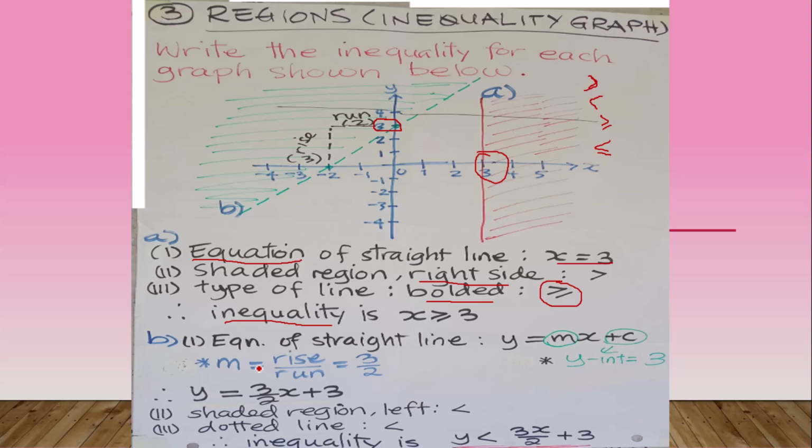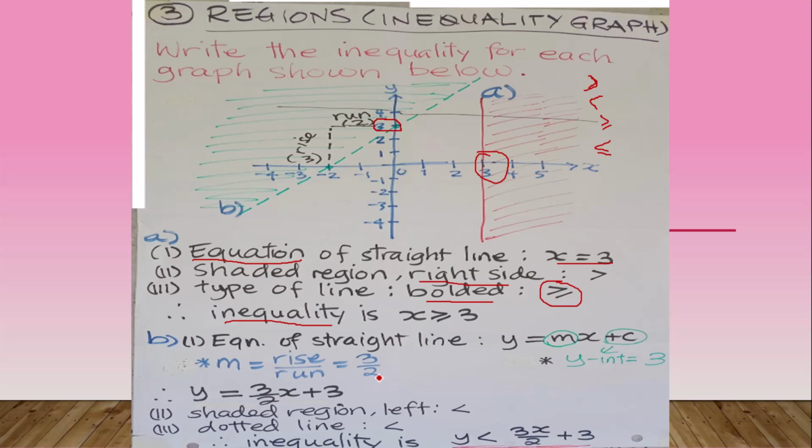To get the gradient, we go rise over run. So we start from the bottom point here. We rise up, positive movement. We are going 1, 2, 3 steps up. So that's positive 3. And running to the second point, we are going 1 step, 2 step.